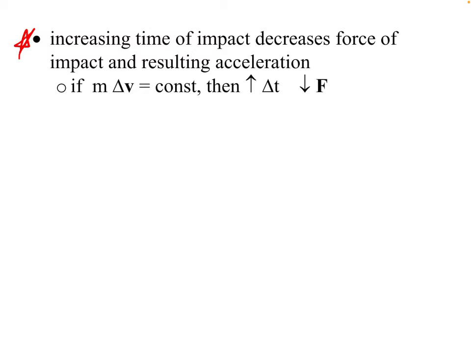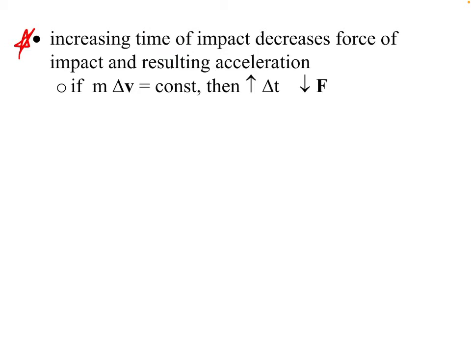Say you're jumping from a really, really high height. What would you like underneath you if you're jumping from a high height? Probably a really big mattress or one of those big air thingies that you jump onto. Why? Because when you do that, it increases the time. You're still going to have the same change in momentum. You're going to go from moving to not moving once you get to the ground, right? That's the same change in momentum.